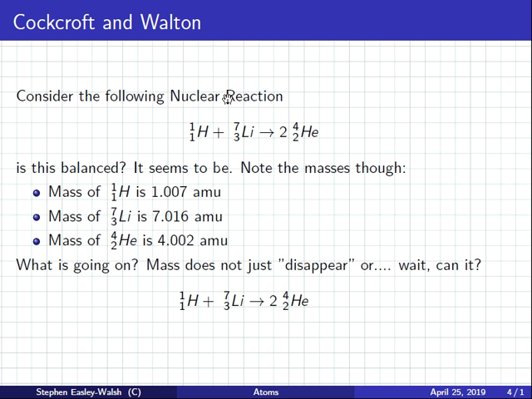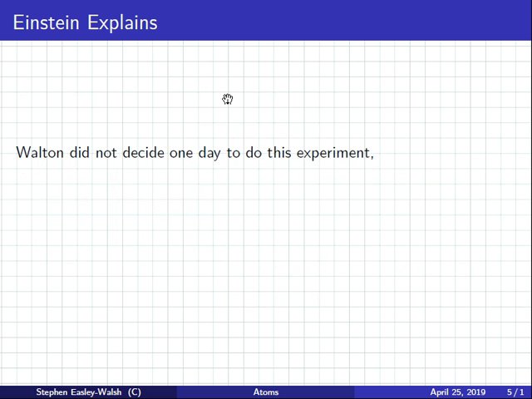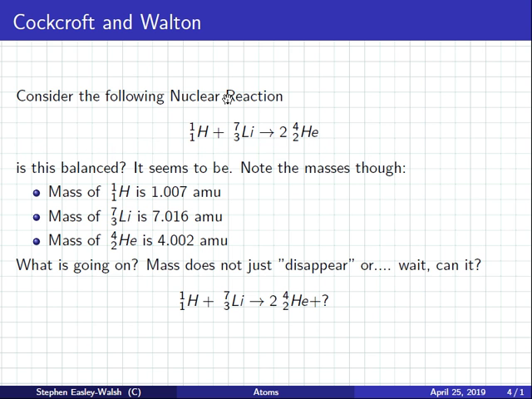Okay. So if we look at this, we want to know what is going on here. So gamma? Not gamma. Gamma has no mass, but that's a good guess. Now, this experiment was done by Cockcroft and Walton, and this is what they did. They took hydrogen and lithium.